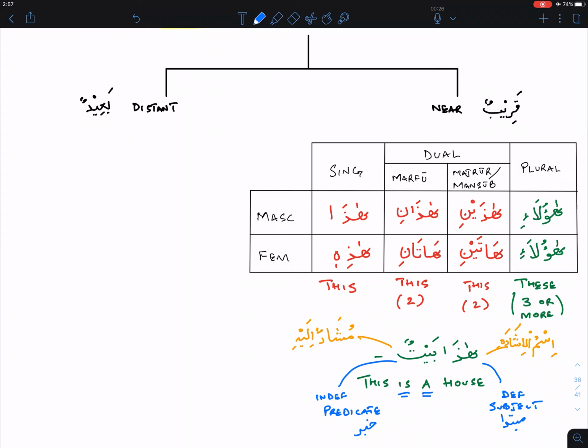Now, another way this Ismul Ishārati comes is, as I'm going to demonstrate to the left here, هذا البيت. So let's go through this example. البيت.